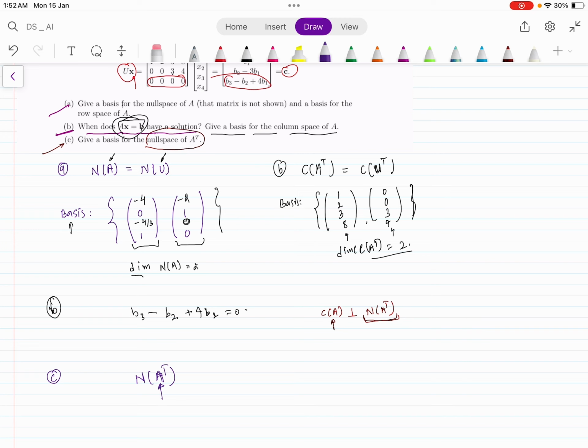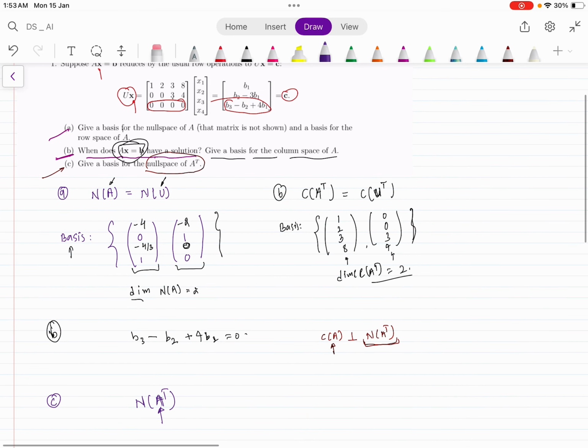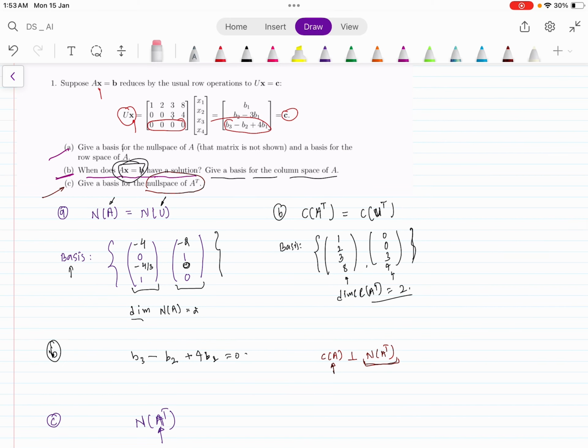When you take the transpose, your rows are going to convert into columns, right? Now you are looking for the null space. So let me explain it a little bit so that you have an idea. The dimension of matrices U and A is going to be the same, that is 3 rows, 4 columns, right?